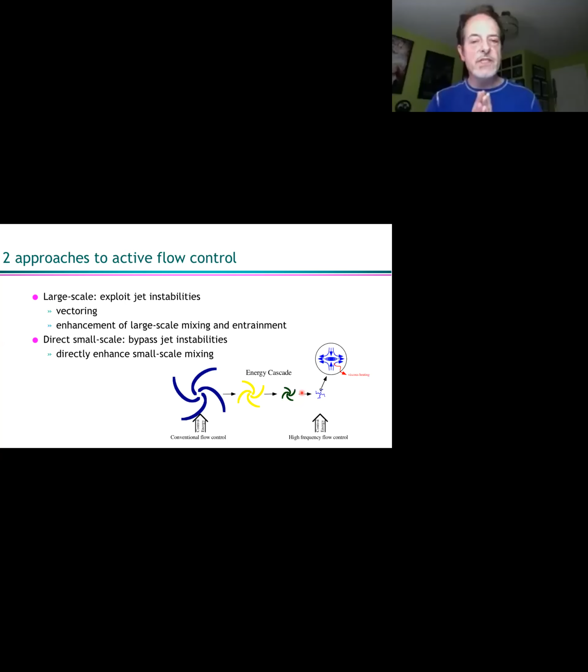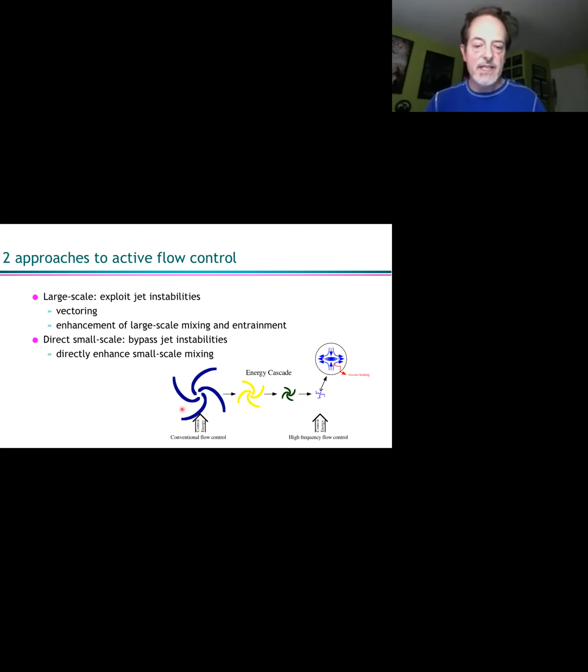There are 2 approaches to active flow control that I will talk about here. There are many, many others that have been done by, again, dozens of researchers. And again, going back to this little cartoon I showed about the energy cascade, there are 2 real approaches. The first is to exploit jet instabilities.